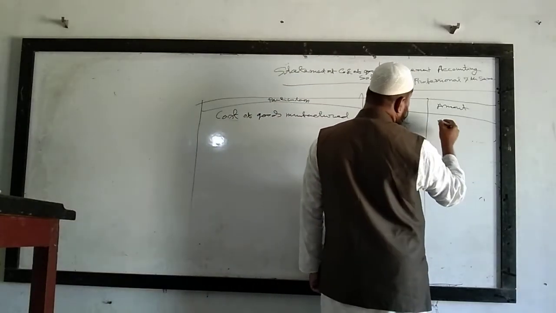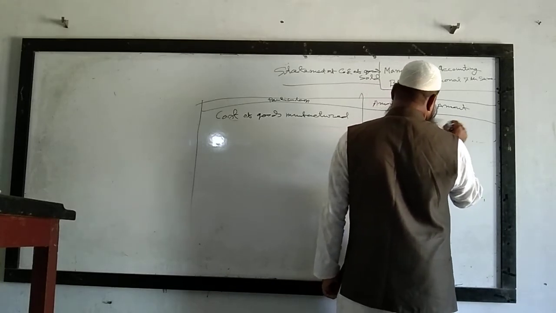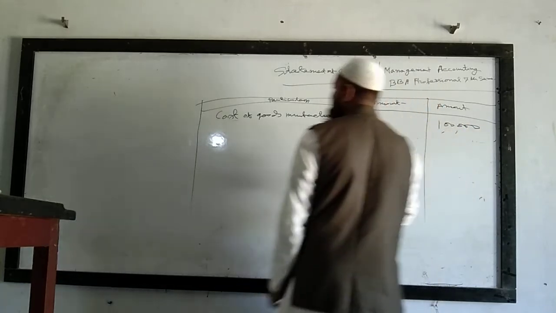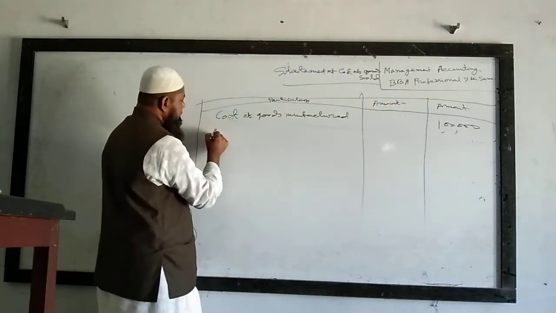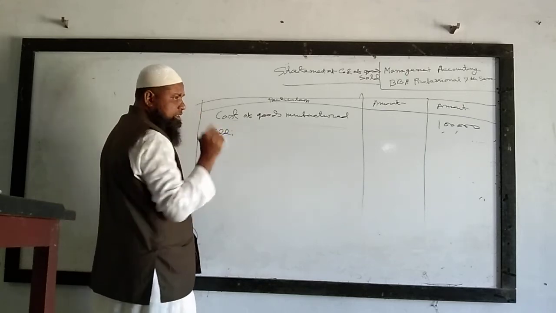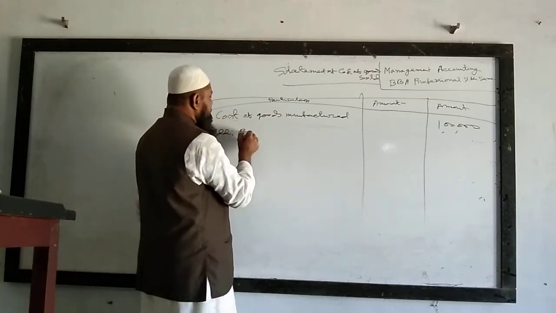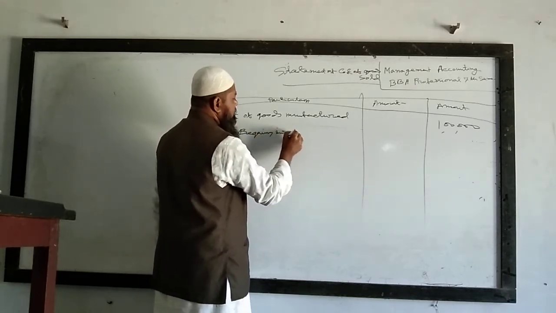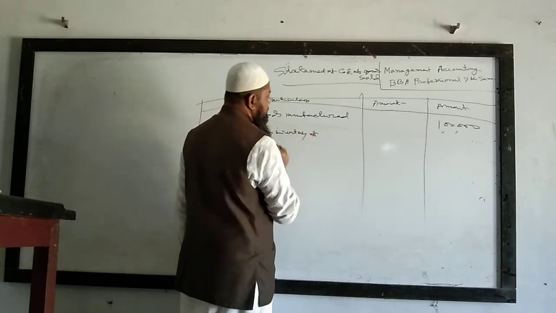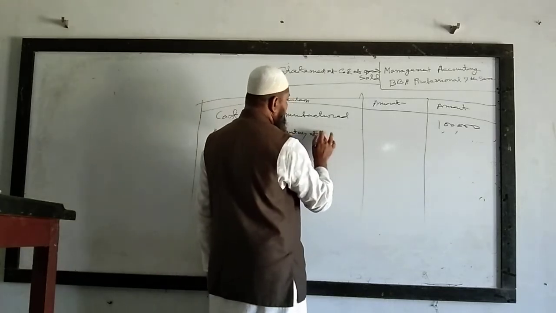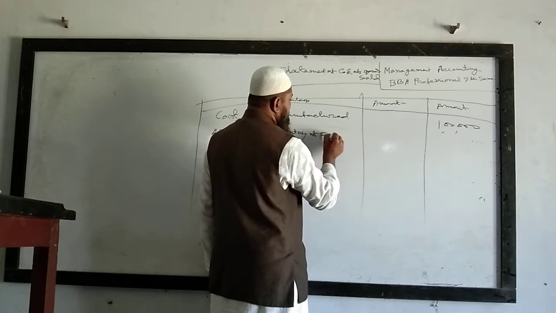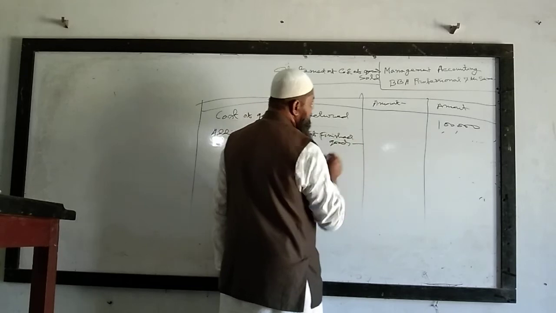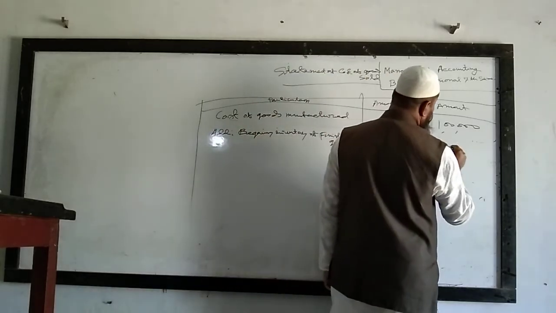Say for example, 1 lakh at beginning inventory of finished goods, say for example 20,000.